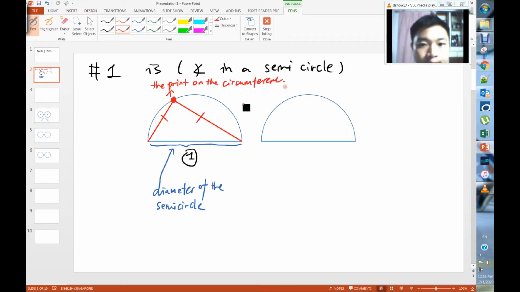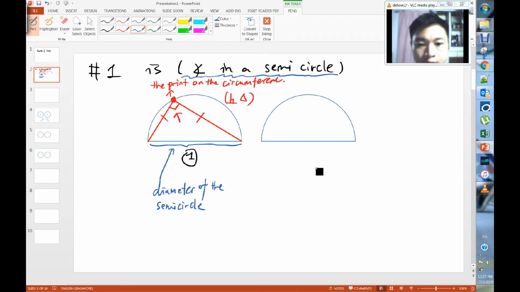If these two lines meet at a point on the circumference, you should get a right angle triangle in this semicircle.